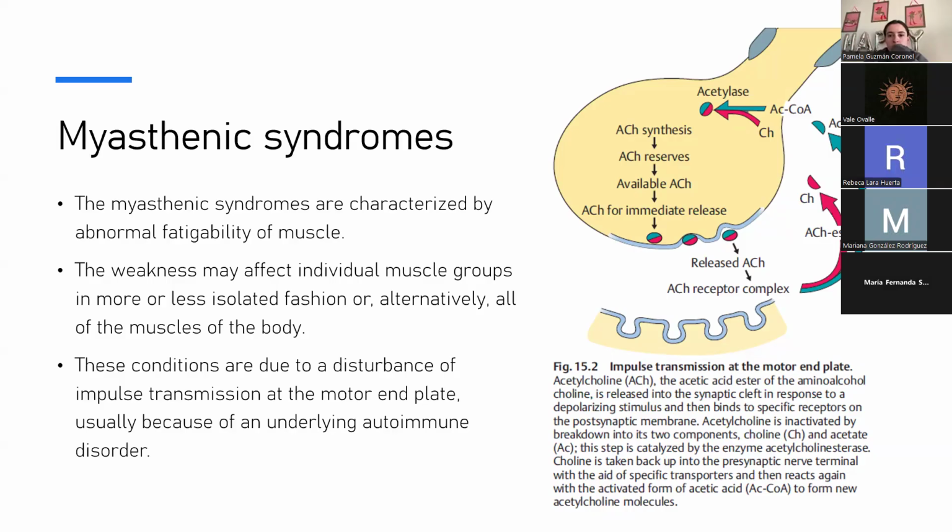So we just need to check the small things that are different. You differentiate them with a table, and then we understand the basis of these two things: the dystrophies and these myasthenic syndromes.